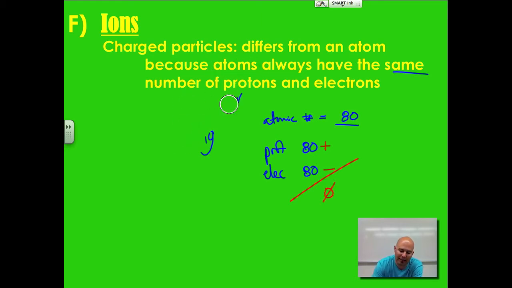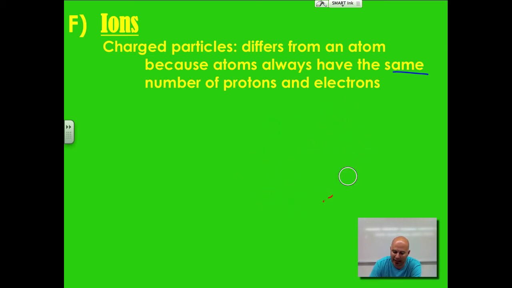Now, an ion is different than that because it can be positive or negative. It's a charged particle. And how do we know how it's charged? Well, if there are a different number of electrons. So, for example, if we go back to sodium, sodium's always going to have 11 protons. And the reason we know it's going to have 11 protons is because it is sodium.